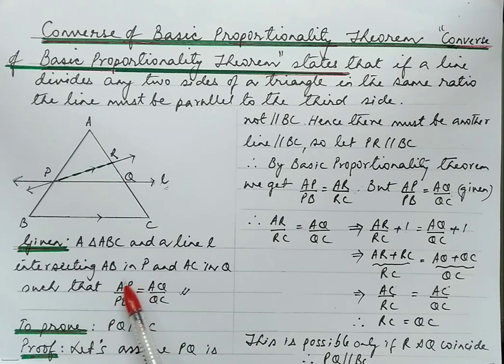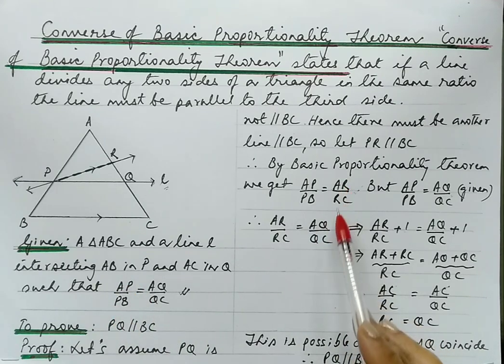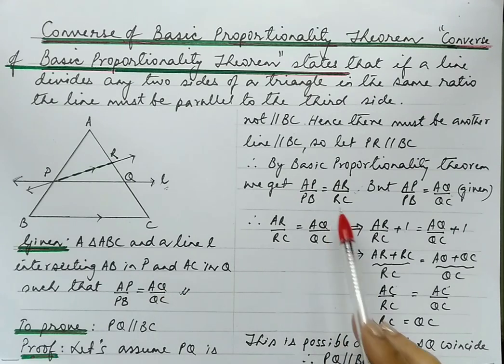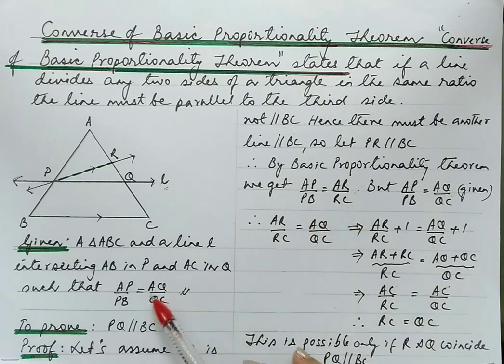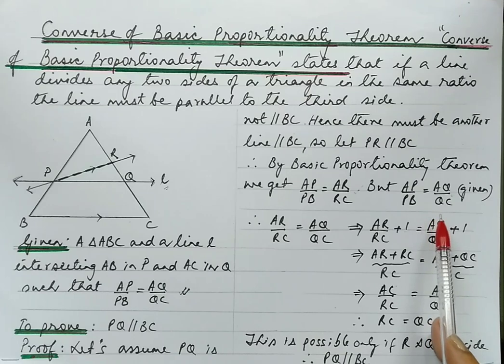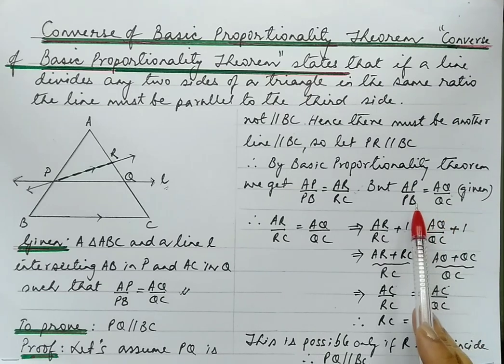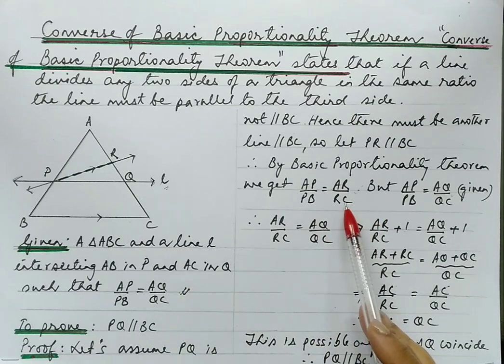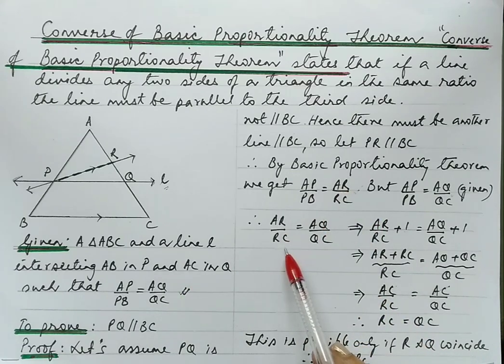So if AP upon PB is equal to AR upon RC as well as AQ upon QC, these two must be equal to each other, isn't it? Which is what I have written here. As a result, we can equate these two: AR upon RC is equal to AQ upon QC, correct guys?